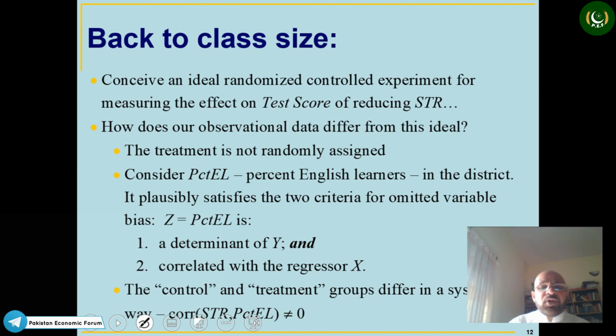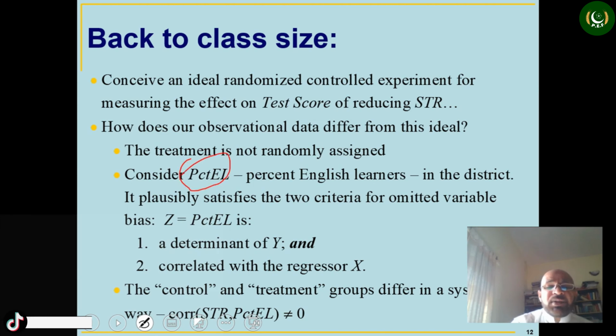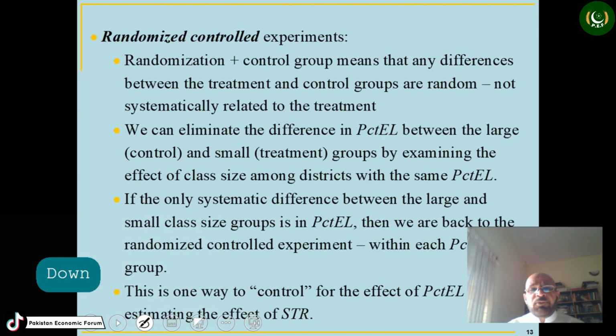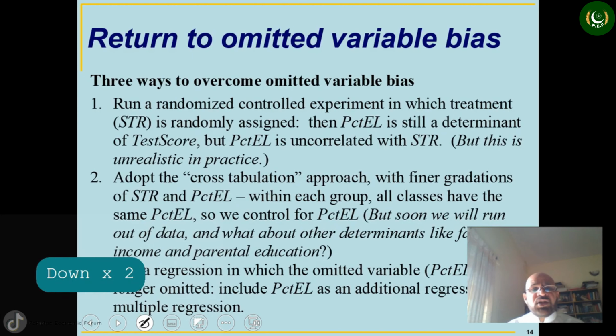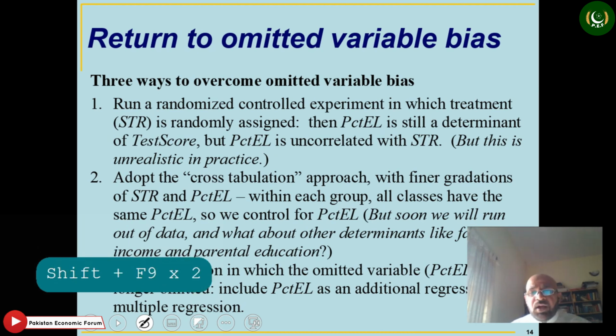So we have considered a variable, percentage English learner, and we will do it in an observational study. There are three ways to overcome omitted variable bias. There are three ways to deal with this omitted variable. First one is that we just assign students at random to small class size, large class size, medium class size.